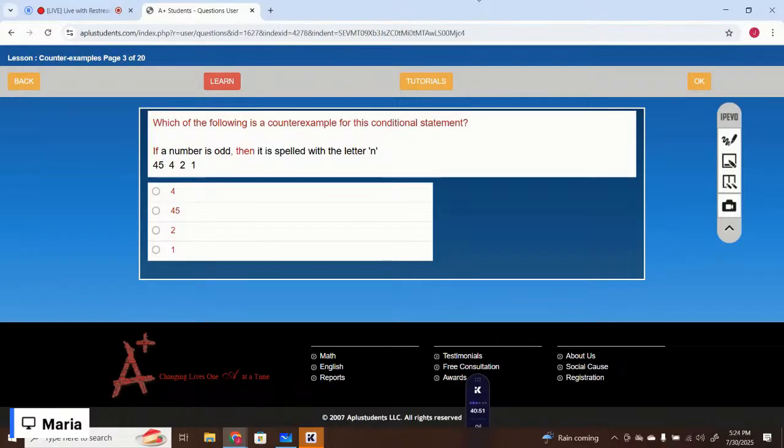If a number is odd, then it is spelled with an N. Odd numbers, right? 45 is an odd number, but it is not spelled with the letter N. Okay, you can complete the lesson by yourself later today.